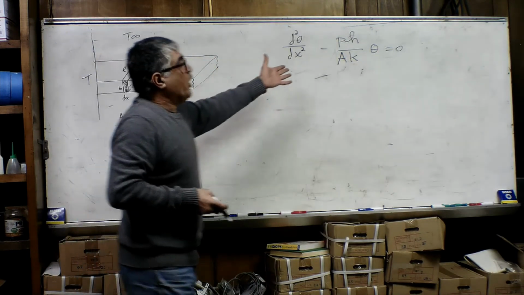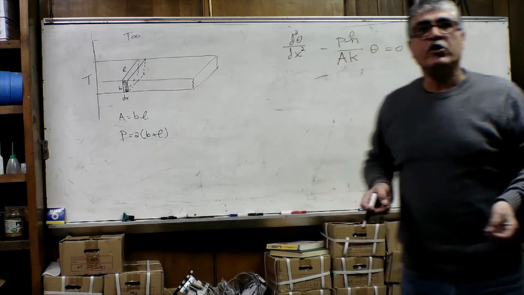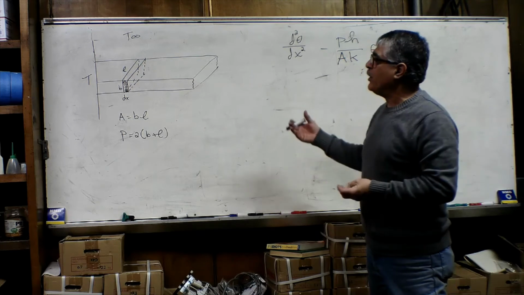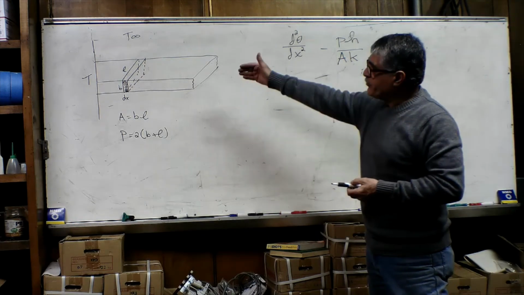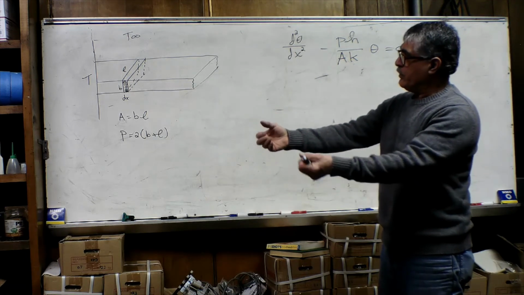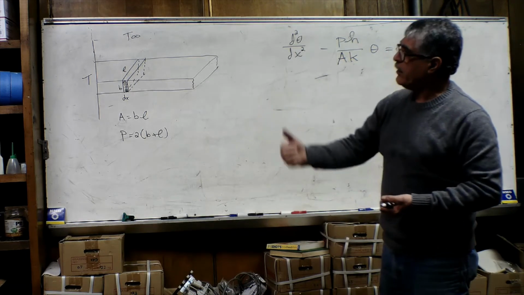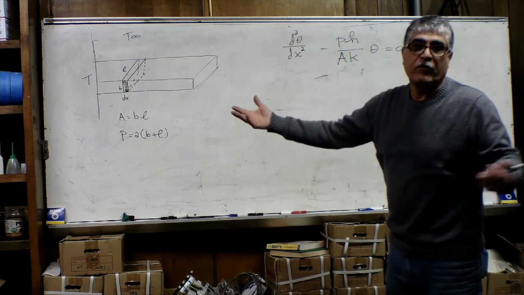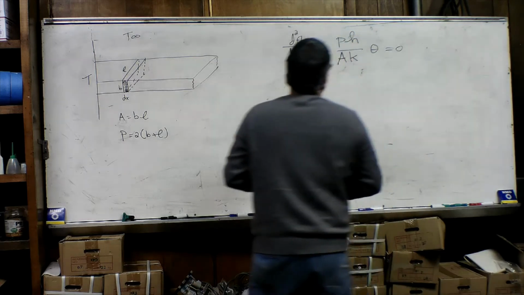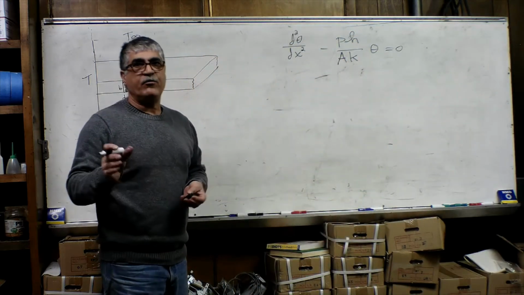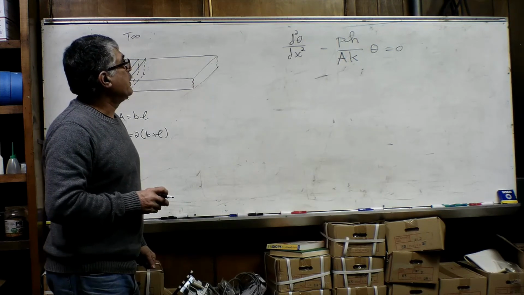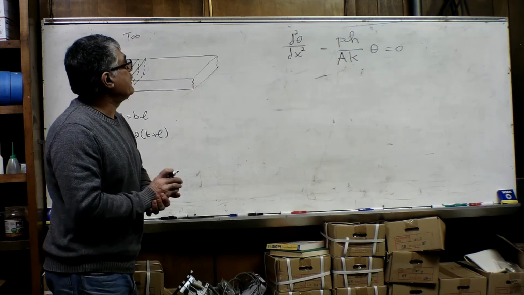So by solving this equation, we can easily design whatever system we need using the extended surface to dissipate, to reduce the heat from whatever part that we need to. Now, I believe I have posted a video how to solve a differential equation like this. So let me go ahead and solve this again.